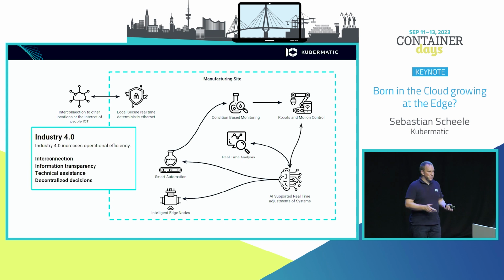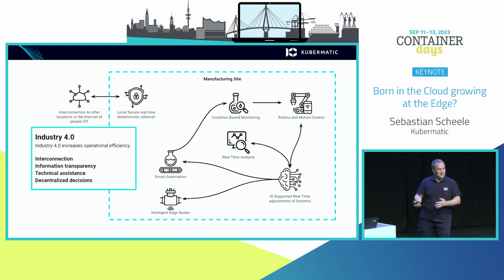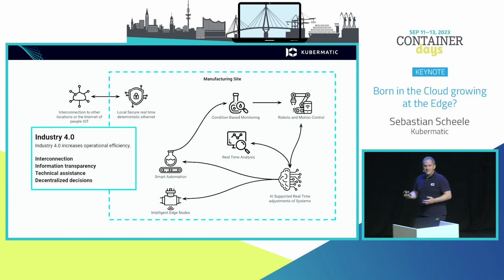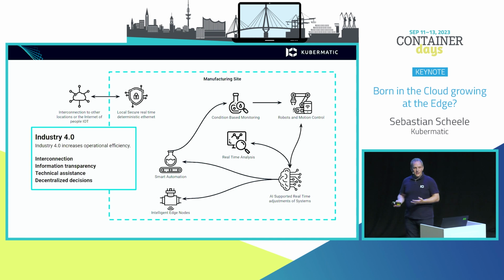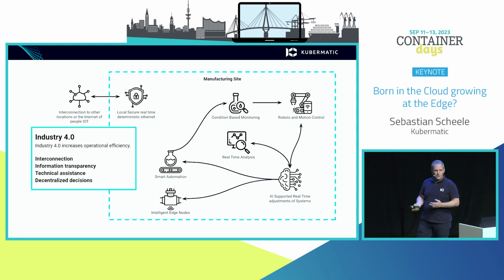If you look into the news, I think last week or the week before, one of the big automotive producers needed to stop multiple factories because they had problems with their systems. In the end, it turned out some of their servers went down because they hadn't planned enough capacity for their backups. So in this case, the edge is even running mission-critical applications.